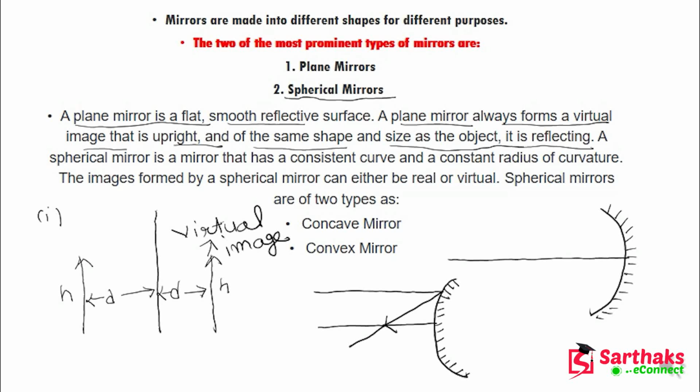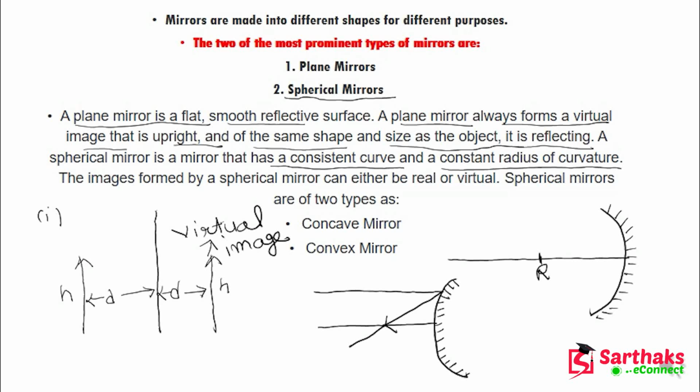Now let's try to understand the properties of a spherical mirror. A spherical mirror is a mirror that has a consistent curve and a constant radius of curvature. Here you can find the radius of this mirror. I will explain what a radius of curvature is later in this lecture, along with some other terms.